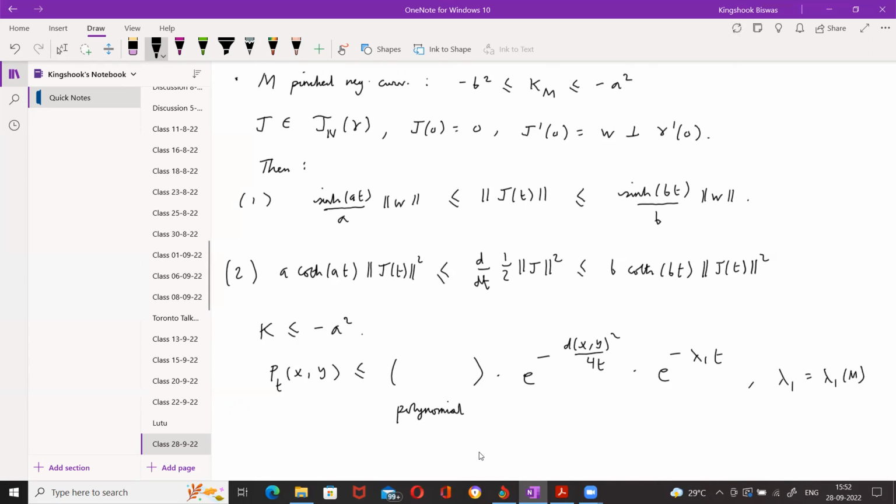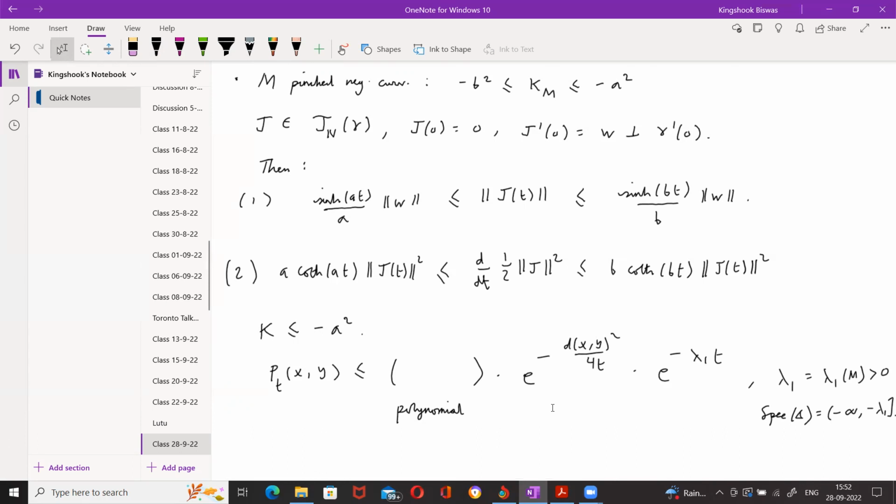It's the bottom value, so the spectrum of the Laplacian is minus infinity to minus lambda 1. So this is very rough. If you want the exact formula, you can look in my paper. It's given there, and the references are also given there where you can find this formula.